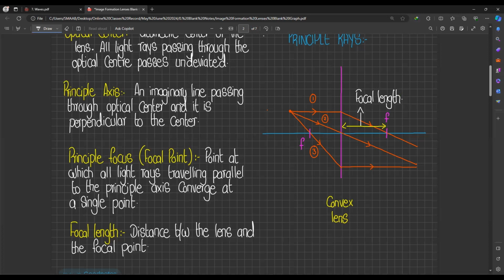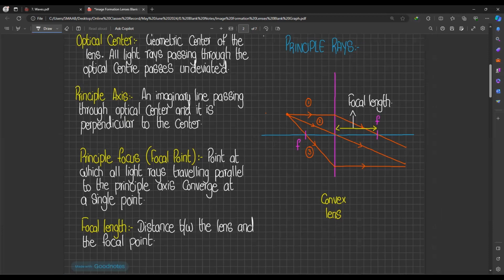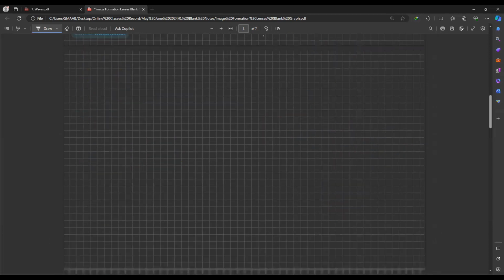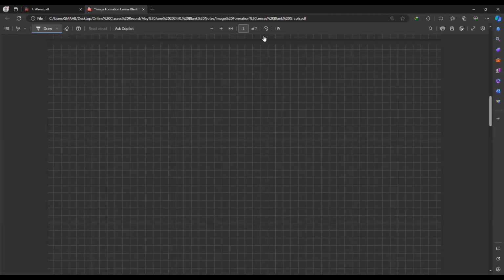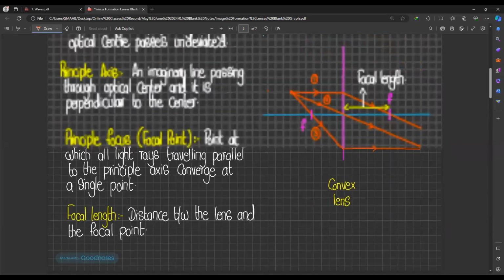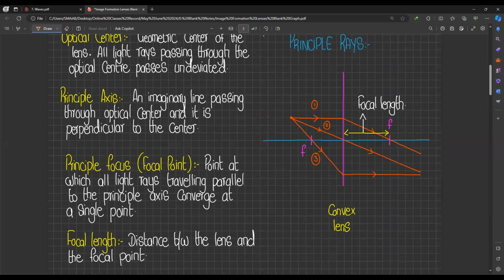No, sir. Sir, could you explain focal length again? I didn't understand that. Okay, focal length. When you mark the principal focus, or the focal point of the lens, this purple line shows you the principal focus.